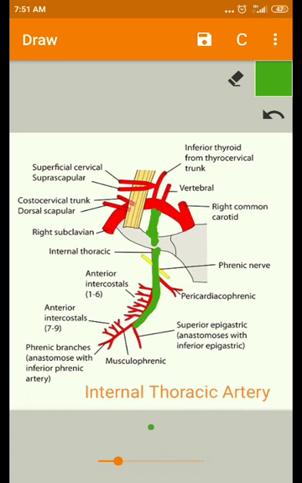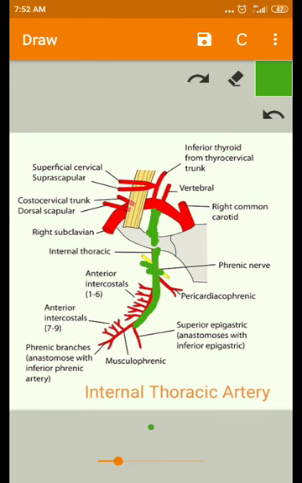So up to here, in each intercostal space, this internal thoracic artery gives a pair of anterior intercostal arteries. Okay, so this is occurring on the right side. On the left side also, the left subclavian artery will give the left internal thoracic artery.